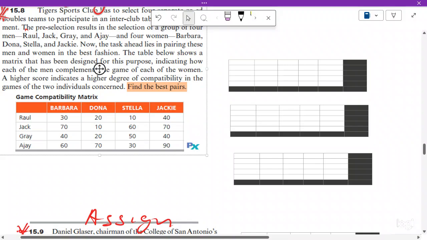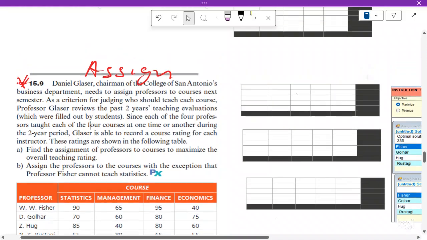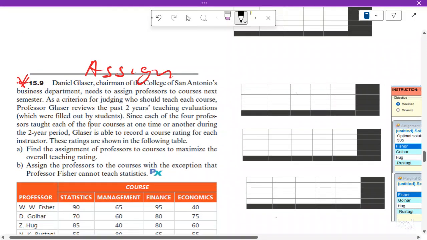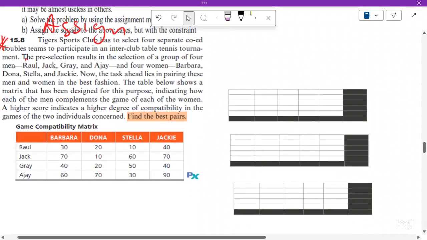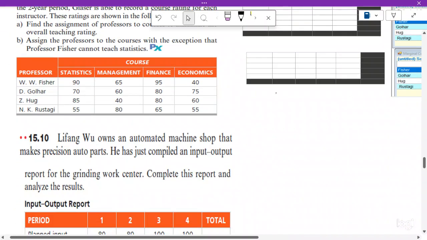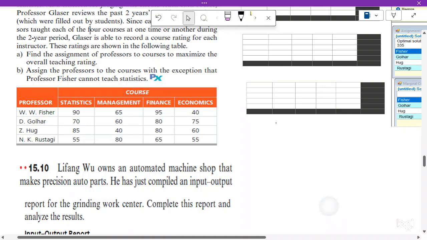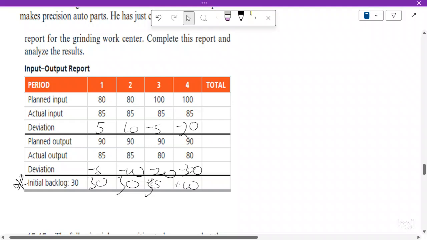Now here's the maximize software, which is problem 9. Assignment, this one also software. This one, prize giveaway. Practice it if you want to, ignore it if you want to, up to you. This one, 5.8. And 5.9 software. Then we do this.